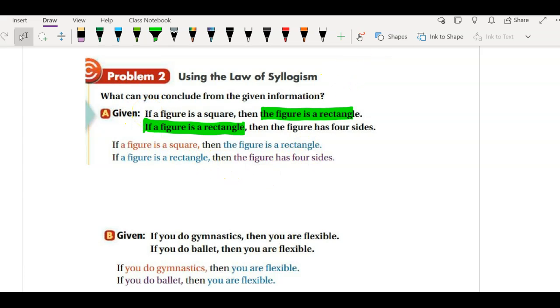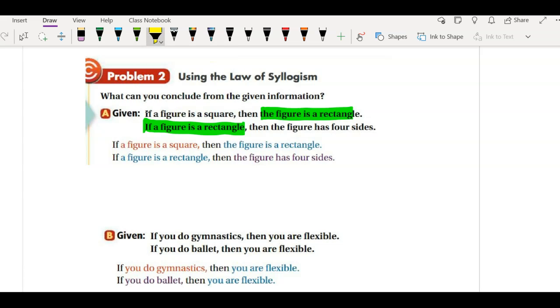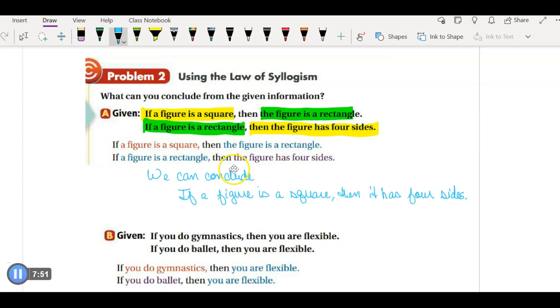So I can conclude that if a figure is a square, then the figure has 4 sides, because it used the law of syllogism. And that happens when you use your conclusion, and in the next statement, it is your hypothesis. So once again, we can conclude if a figure is a square, then it has 4 sides.